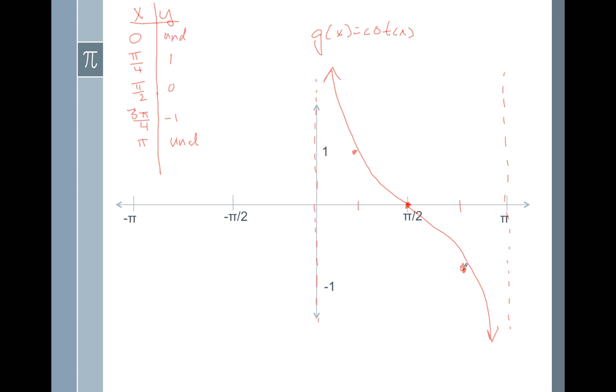Sorry, I'm missing my dots here. You get the idea. All right, so this is the parent function for cotangent. Again, I could continue this in both directions here. I could say we're up here, down here, and then I can connect going like this. This is 2 full periods of cotangent.